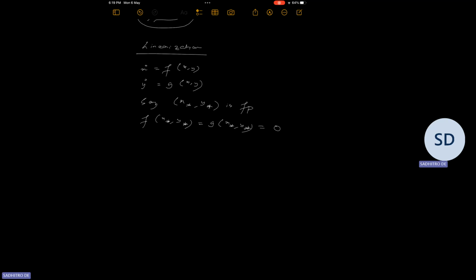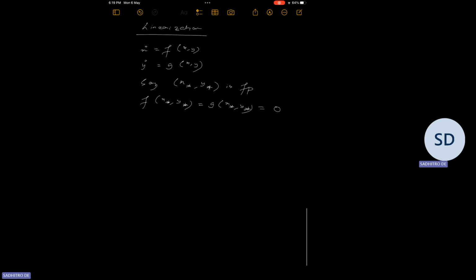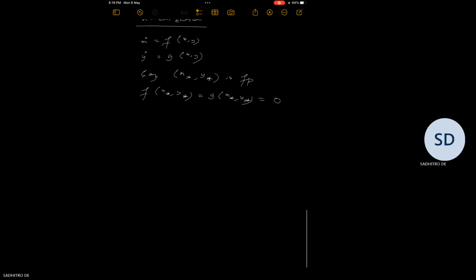Now let us consider a small perturbation around the fixed point. Suppose the x component of the perturbation is u, which we write as x minus x star, and the y component we denote as v, which we write as y minus y star. Now we have to see whether the perturbation grows or decays.